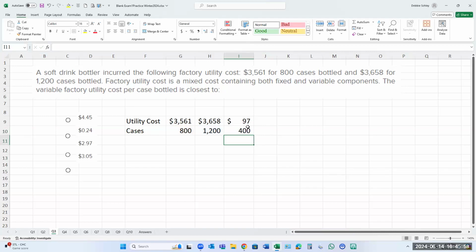So to get the per case, I will take the cost divided by the activity level, or the number of cases. And again, I'm taking the difference between the high and the low. And that gives me 24 cents per case as my variable. So the second one.